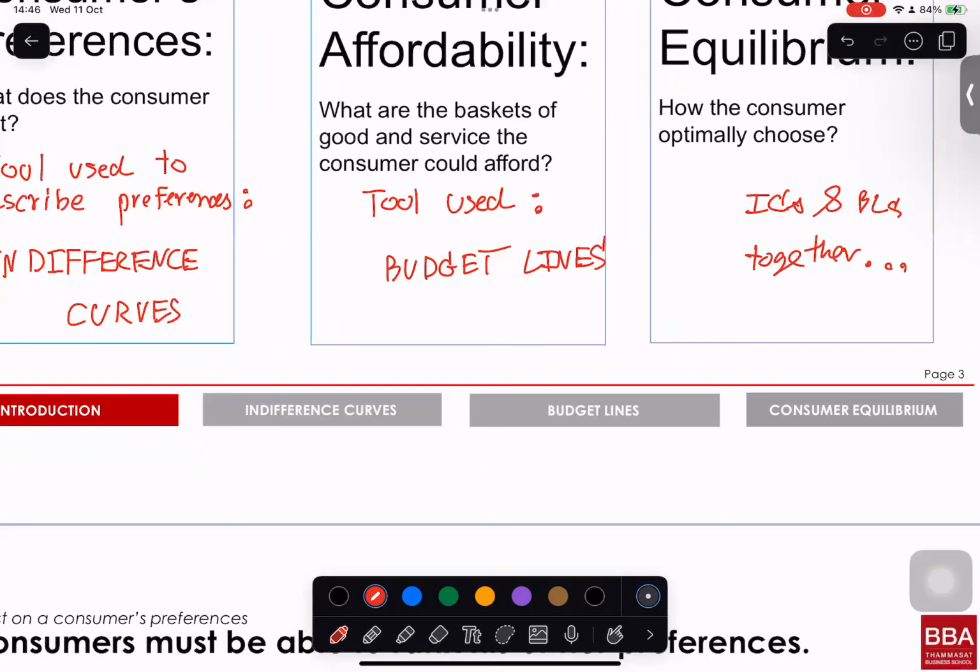So you can see from these trackers: introduction, indifference curve, the first room; budget line, the second room; and consumer equilibrium, the third room.